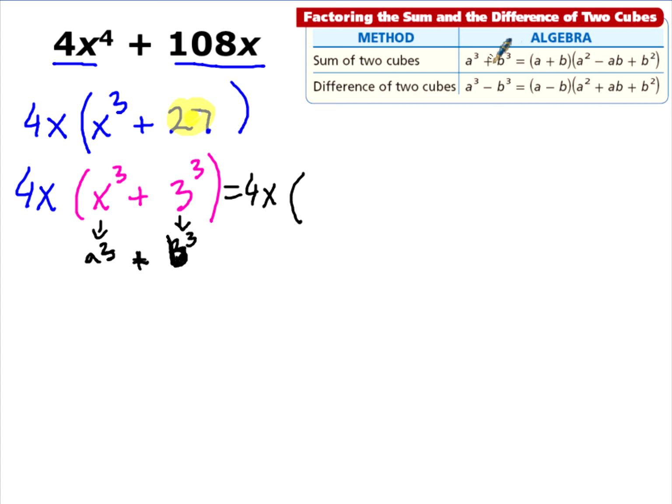So the formula says take a plus b, so x plus 3 times a squared, which is x squared, minus ab. Well, a times b is x times 3, so minus 3x plus b squared, which is 3 squared, so it's 9. Okay, so we have 4x times x plus 3 times x squared minus 3x plus 9. And that's pretty much it. We can't reduce it anymore.